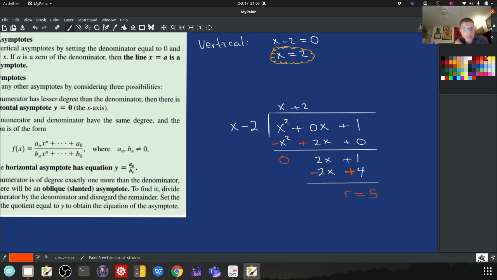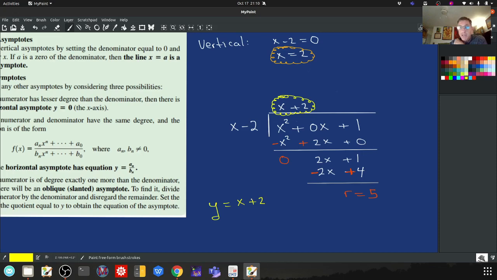But it says to disregard the remainder and set the quotient. So the quotient is this right here. That's what we got. So we set the quotient equal to y. So y is equal to x plus 2. And that's a line of slope 1 with y-intercept at 2. So when we plot this, we'll actually see an oblique asymptote.